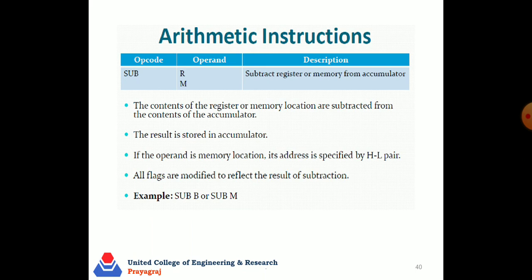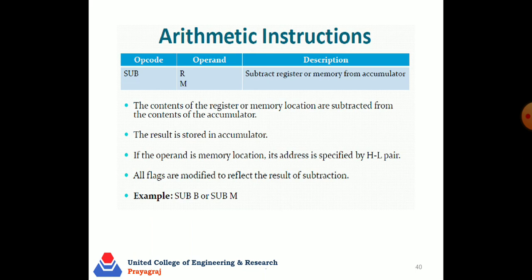So the next instruction in this group is SUB R or M. It is similar to the addition operation. As we write ADD, you understand A is equal to A plus, and if it is B, then it is B; if it is C, then it is C. Here, SUB R, where SUB means subtraction, subtract with the register.